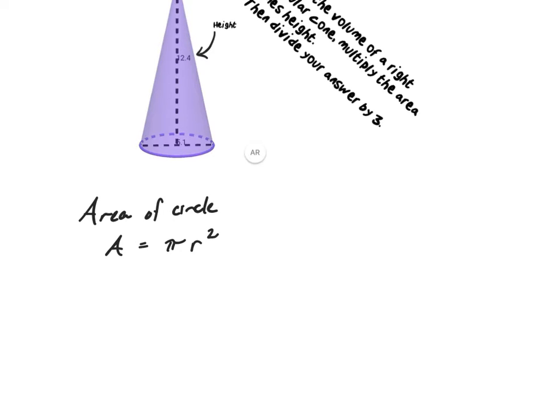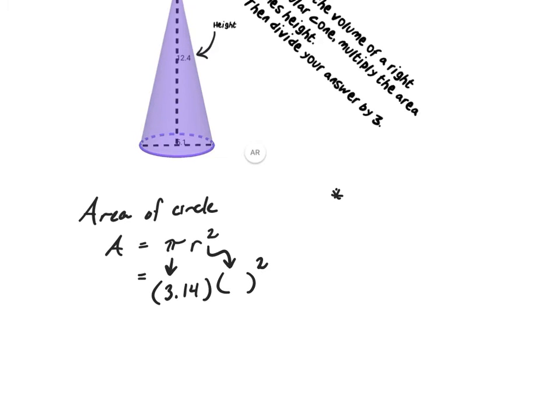To find the area of a circle, you have to use the area formula, which is pi times r to the second power. Now, pi is approximately equal to about 3.14. Now, the r is half of your diameter.